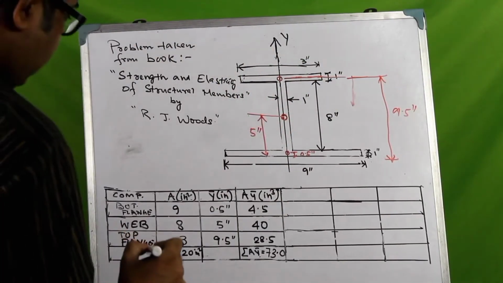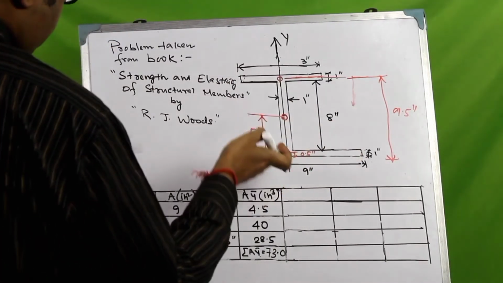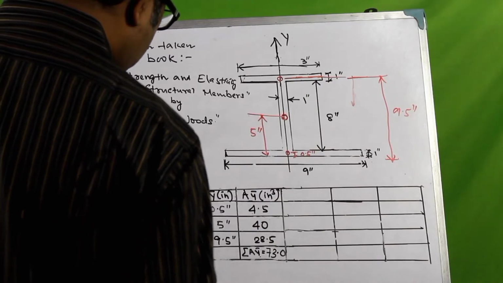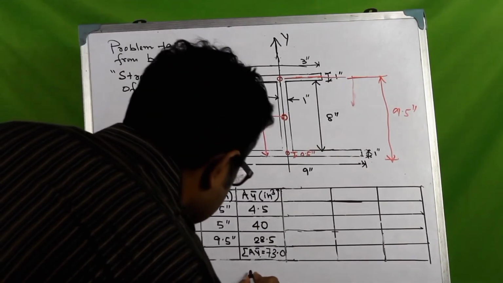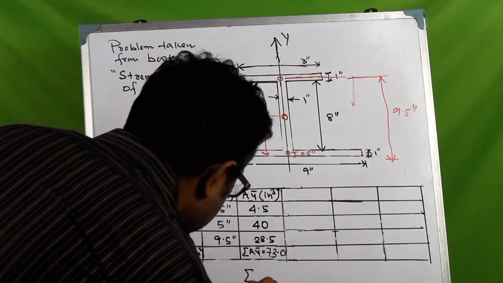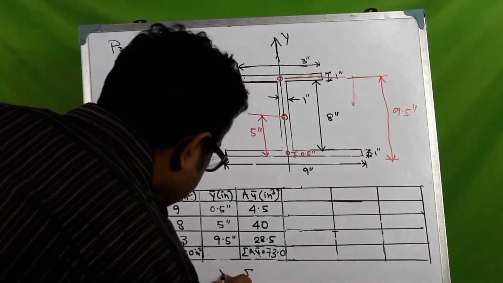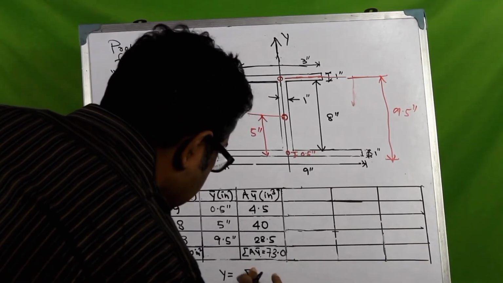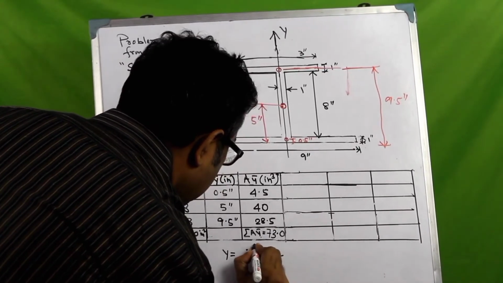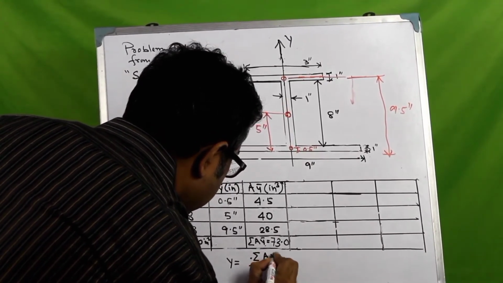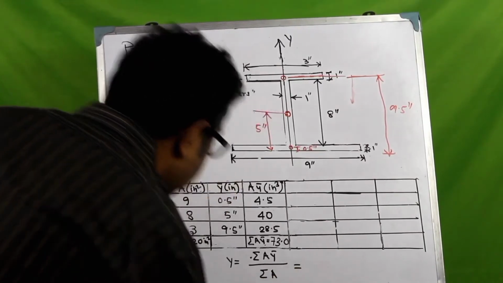So basically, to calculate the distance of the centroid of this whole area from the bottom of the bottom flange, let that value be y. So this would be given by summation of a y bar by summation of a, right?